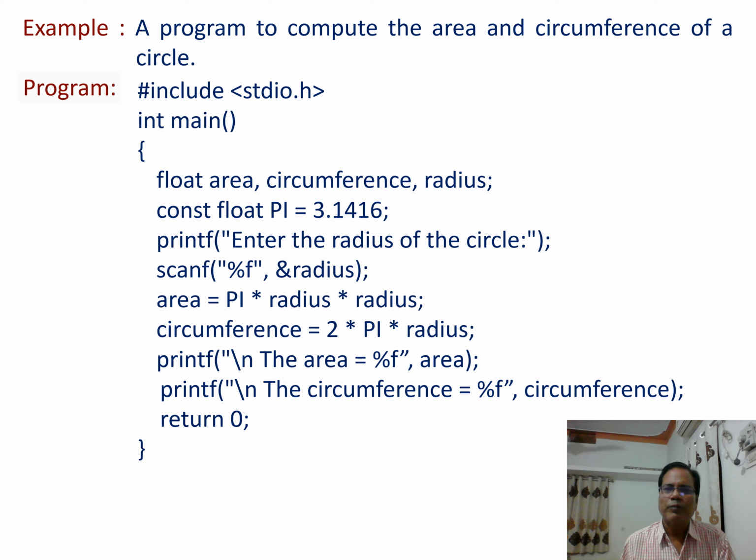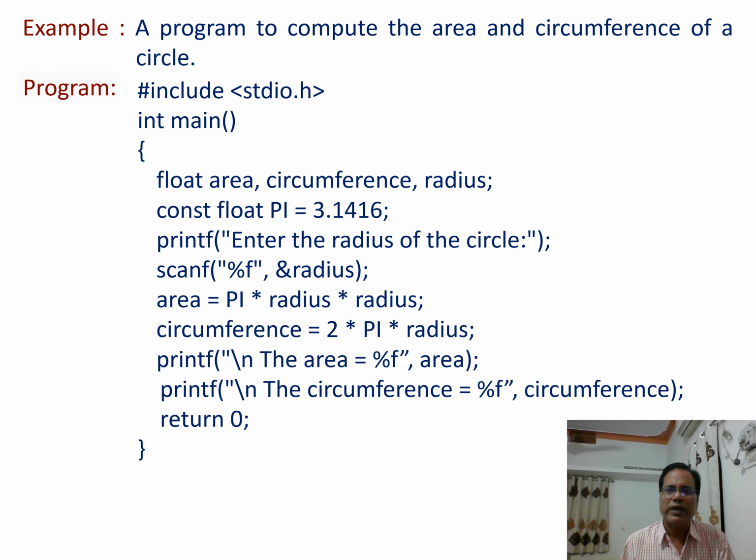When it prints enter the radius, here in this example we have to find the area and circumference of the circle. Using the formula for the area as well as the circumference, we can find these and then print their values.